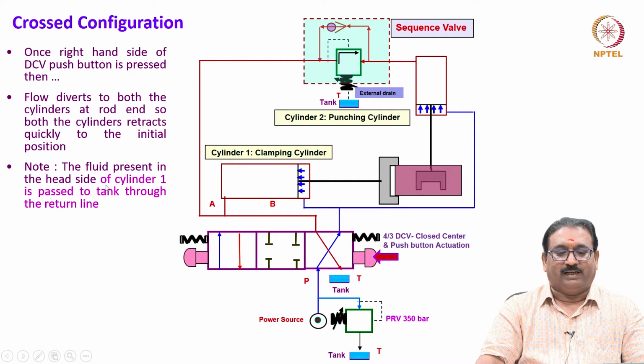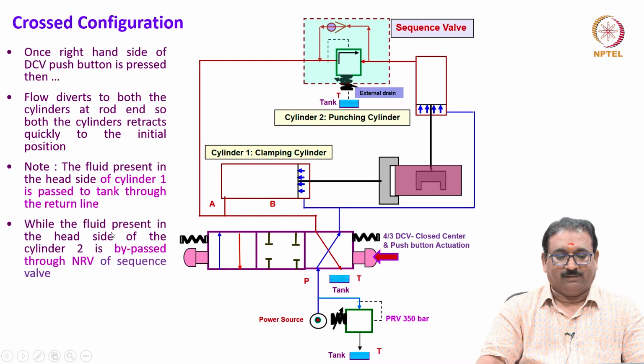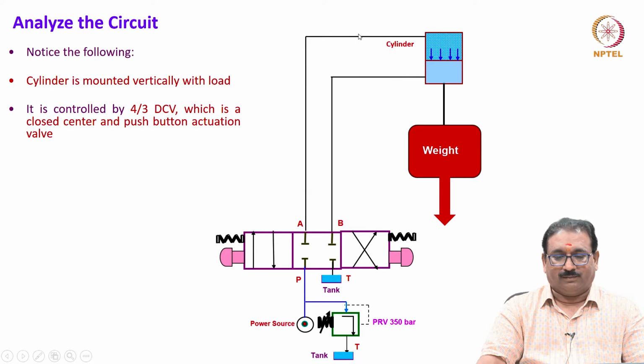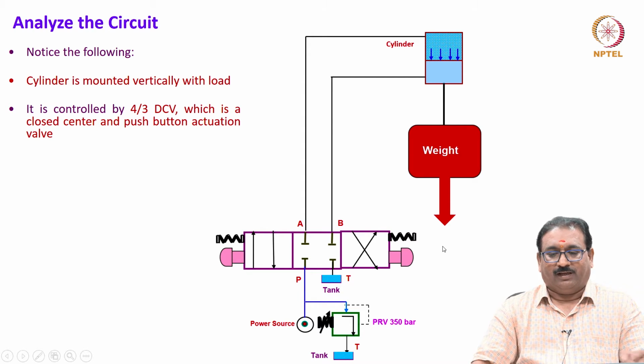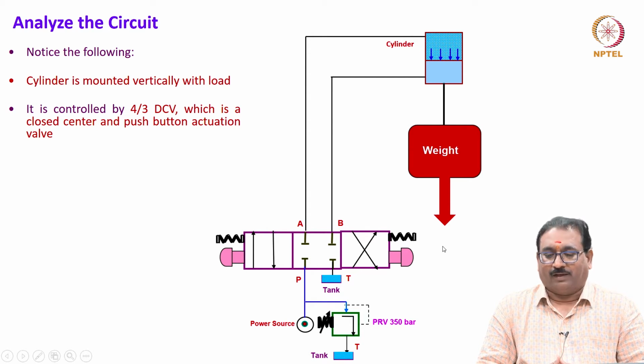The fluid present in the head side of cylinder 1 is passed to the tank through the return line, while the fluid present in the head side of cylinder 2 is bypassed through the NRV of the sequence valve. Correct?